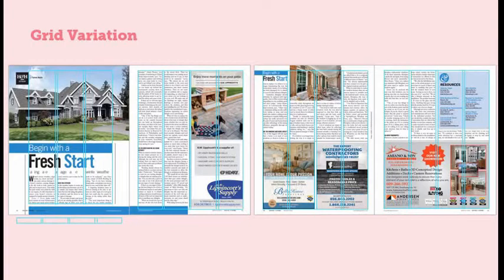The text is on the top half of the page in 4 columns. There's an advertisement on the bottom, and there's a call out at the top as well amongst the text. So we're using some variation in our layout within the same grid, and we're also using a different grid for the beginning of the article.